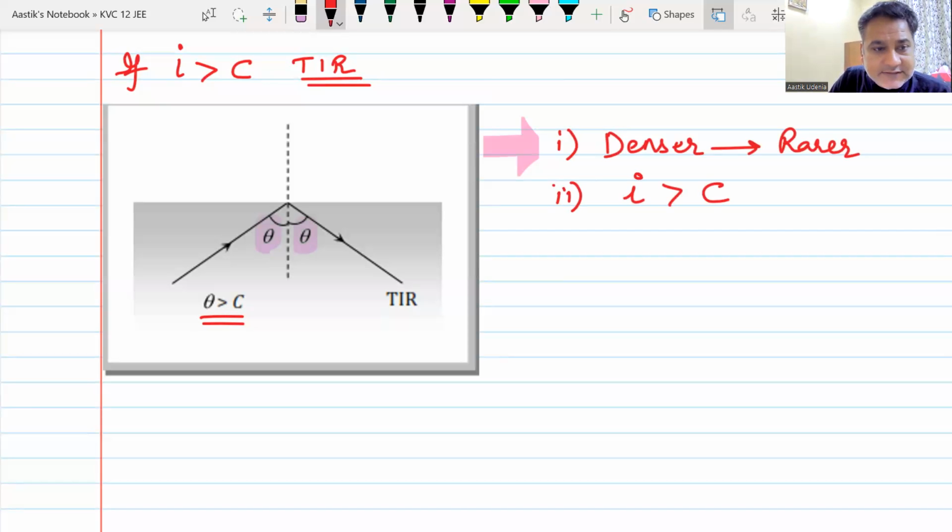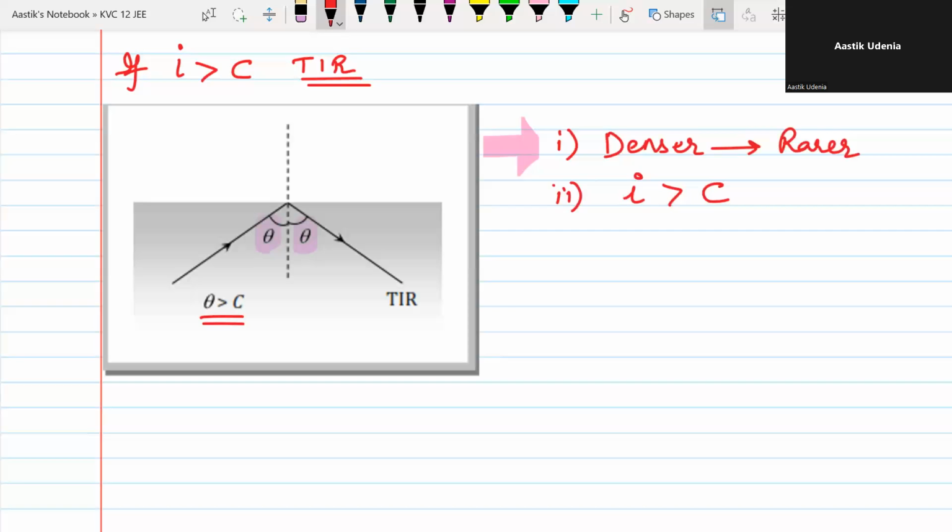Is it clear to everyone in the class? Total internal reflection. Everyone understands this? I'll give you 1 minute to note it down.